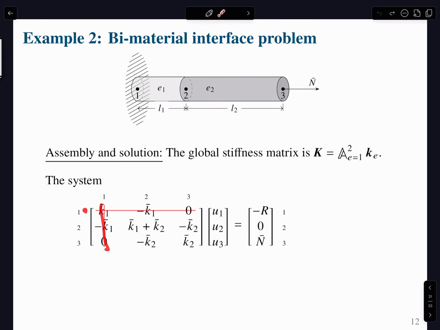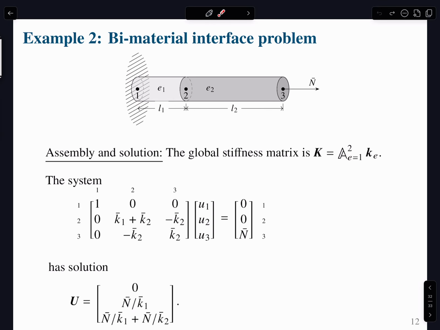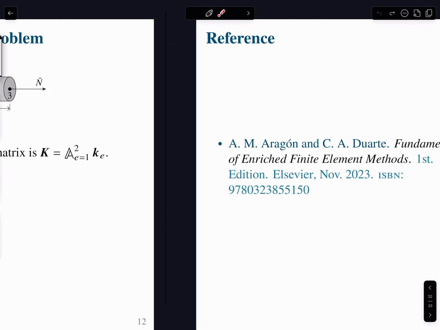I zero out the row and the column. I set equal to 1 into that, right? Zero out, I set equal to 1. And then 1 multiplied by u1 is equal to 0 because that is the value that I want to prescribe there. And then when I solve this problem, I get the solution for the entire problem. Yeah?